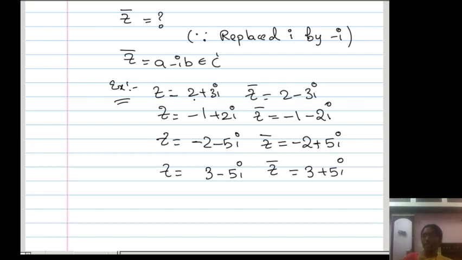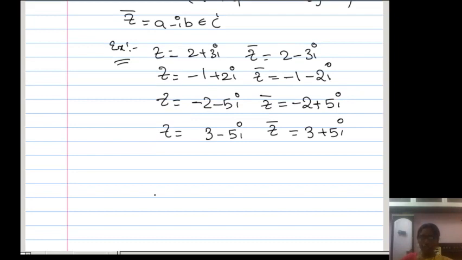Geometrically also you can understand. Suppose somewhere here 2, here 3, the point 2 comma 3 is one complex number, that is Z. Tell me now what is Z bar? 2 minus 3i.